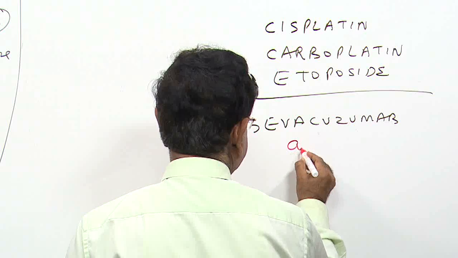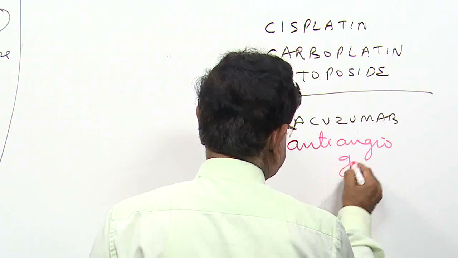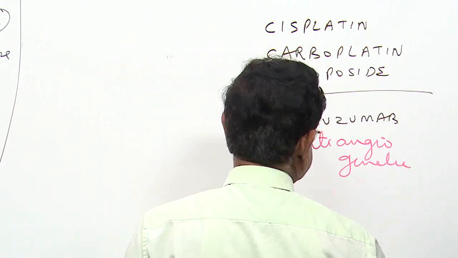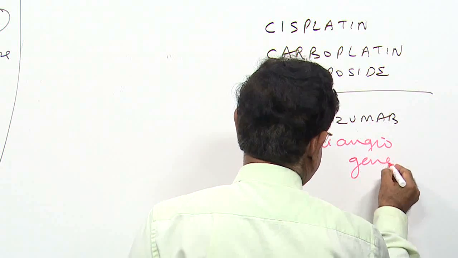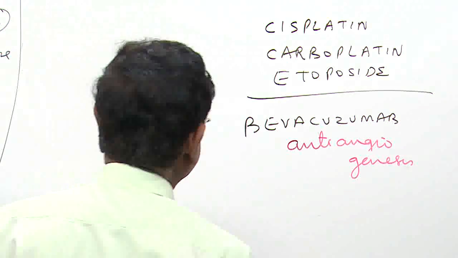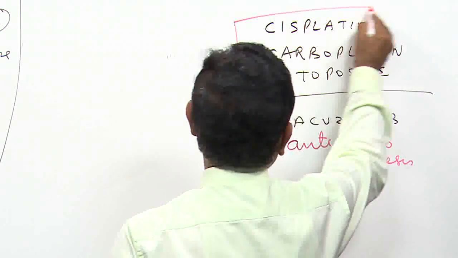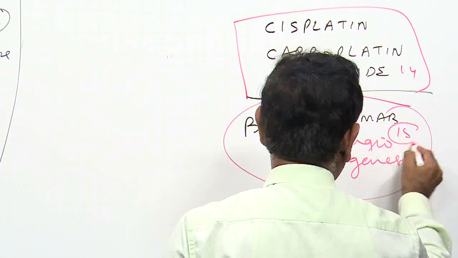This is an anti-angiogenesis drug, which we talk about for lung cancer. Now a few more drugs that we'll talk about. So this was box number 14. This is box number 15.